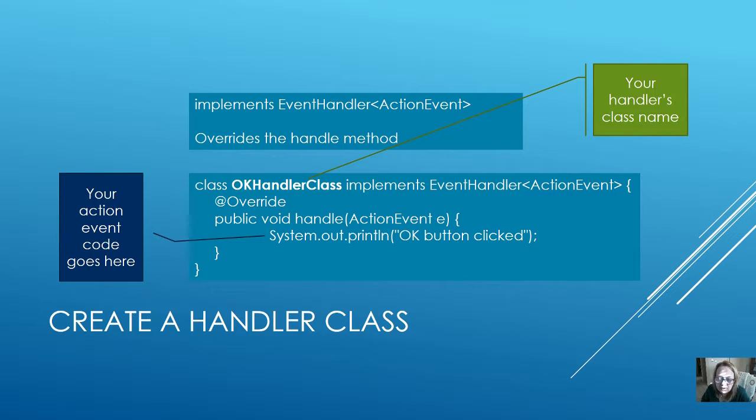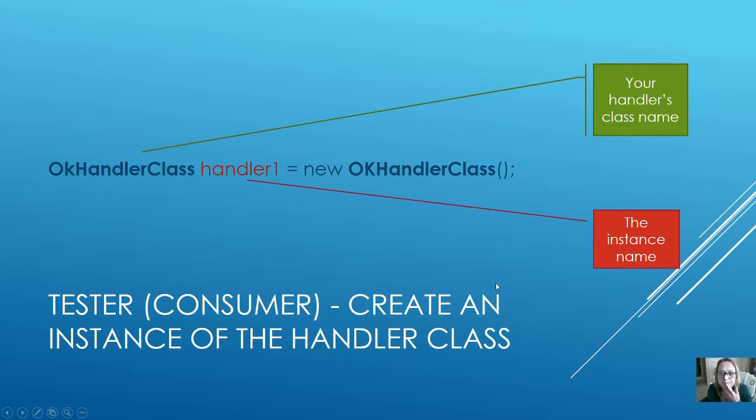We'll see later how that's going to impact us, but we're not going to return any value, so we have a void return type. Within our handle method, we write the code for whatever we want to happen when this event occurs. In this case, we just want to print out a message that the OK button was clicked.